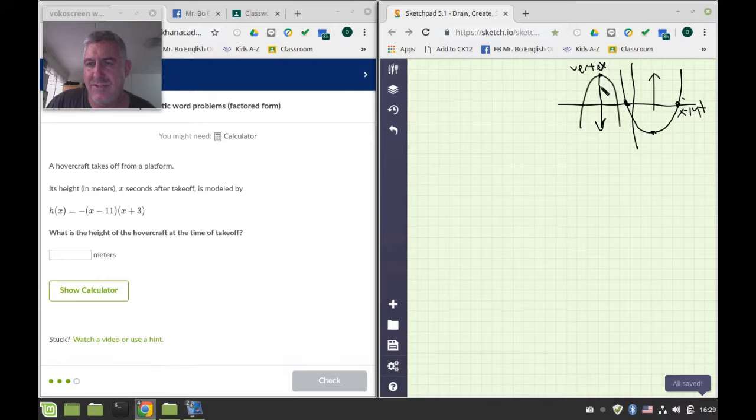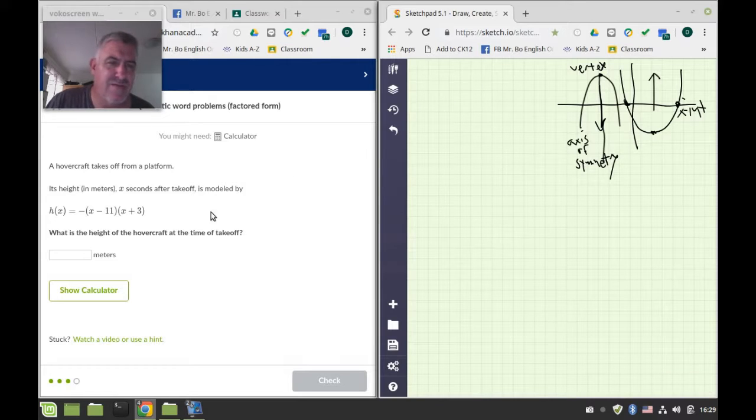And the line that runs straight down the middle from the vertex, a vertical line, is called the axis of symmetry.